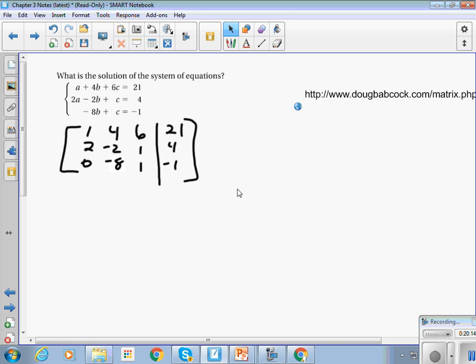You can use a graphing calculator or a graphing utility. I picked old Mr. DougBabcock.com/matrix to use as my calculating tool.